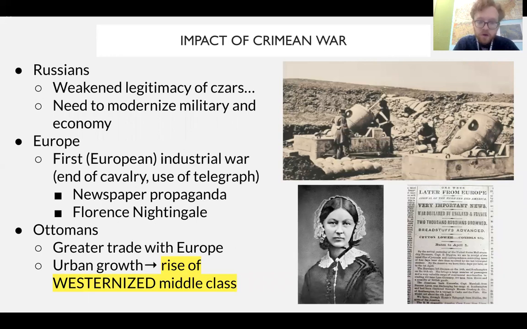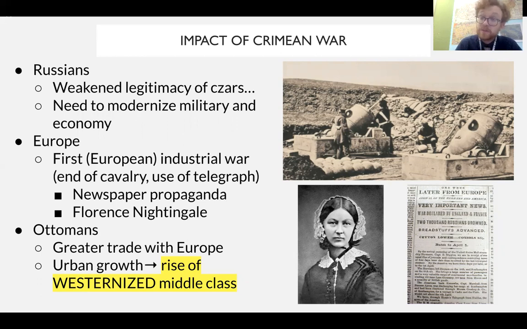What's it doing to Europe? Well, as I mentioned before, it's the first industrial war. We have the use of artillery. We have the end of cavalry for the most part, and the use of the telegraph. You can instantly get reports of this war in a matter of seconds.